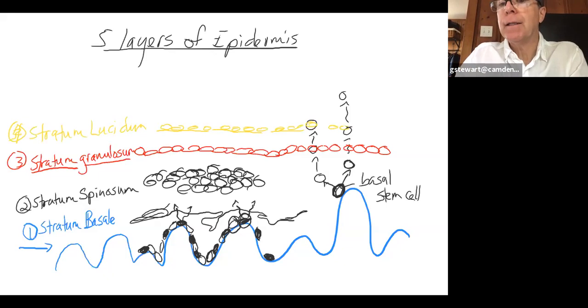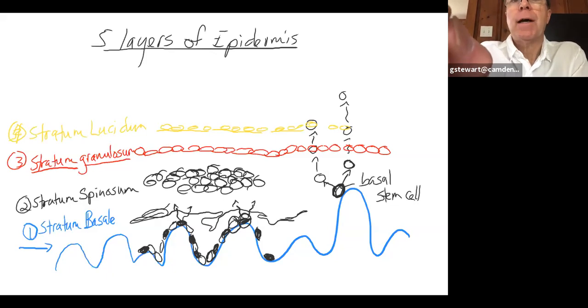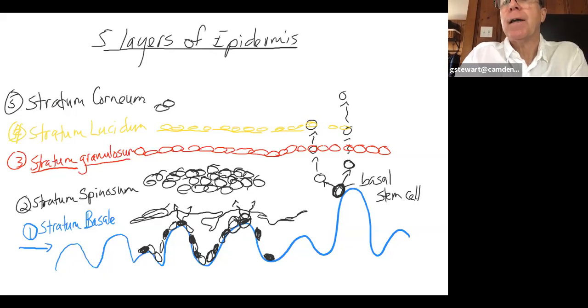And finally, the last layer, I'll use black again. Number 5 is the stratum corneum. It's super thick. I won't draw all the layers because it would take too long. Stratum corneum is 25 to 40 cell layers thick.